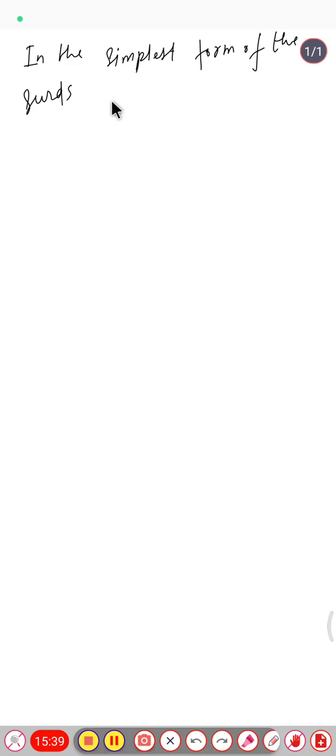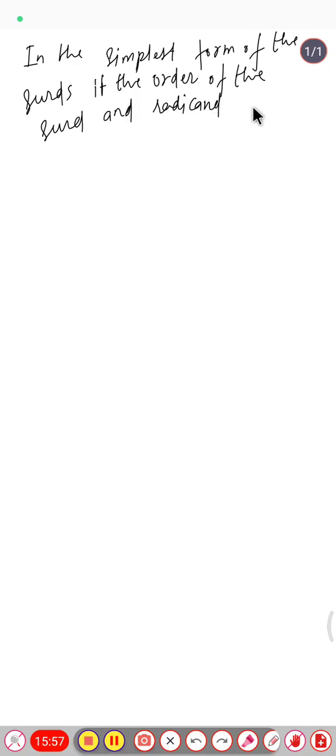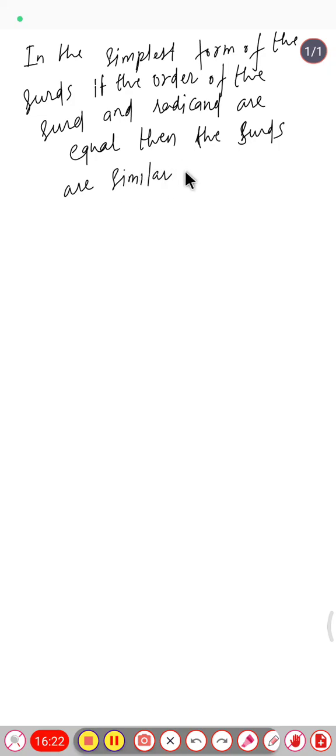If the order of the surd and the radicand are equal, then the surds are similar or like surds.